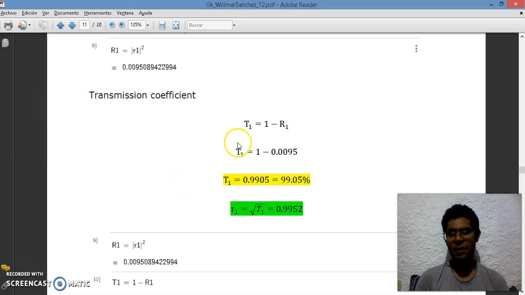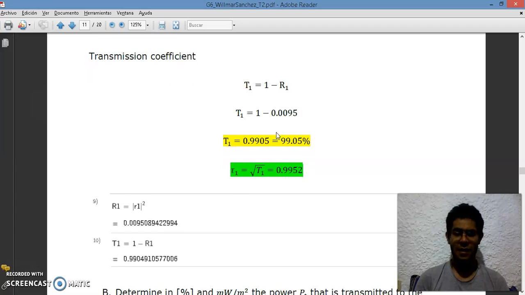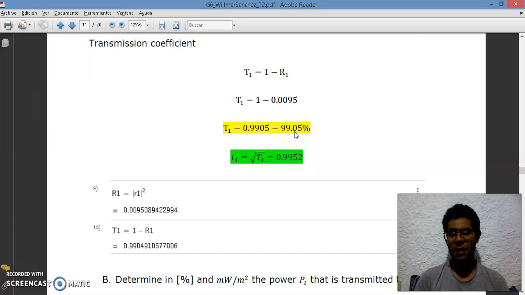The transmission coefficient is equal to 1 minus the reflection coefficient, and is equal to 99.05%.